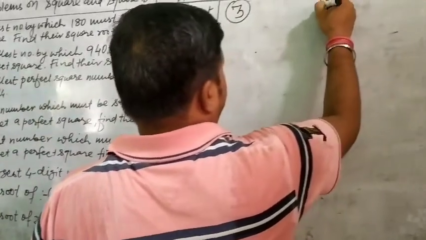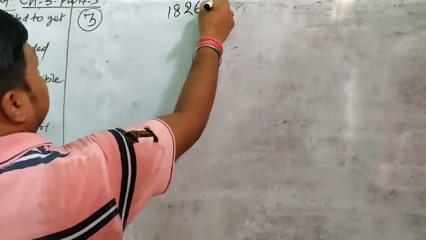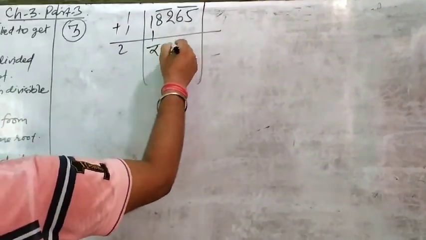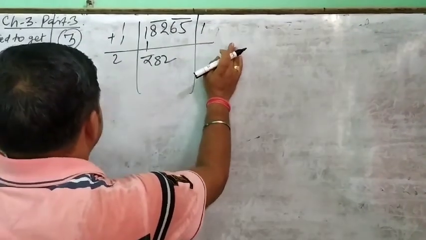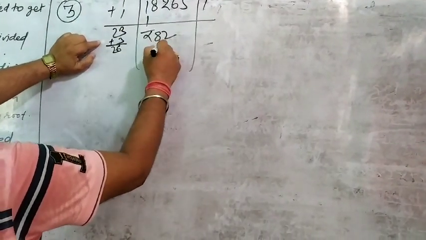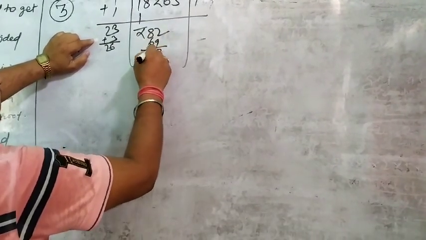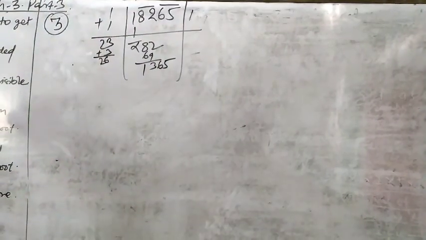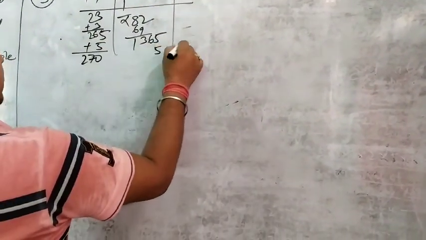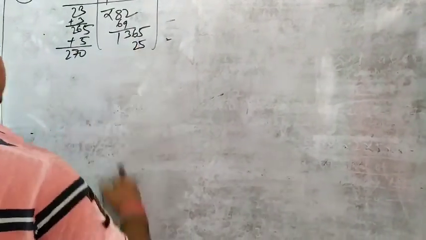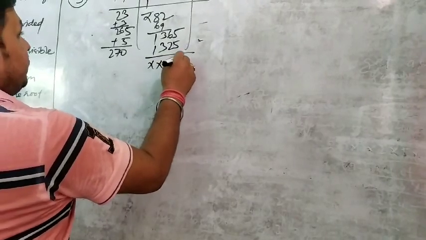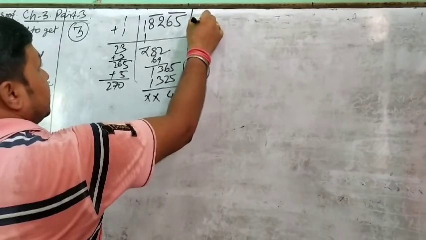At first, find the square root of that number using the division method. Here we take 5, and the remainder comes to 40. So the root is 135.